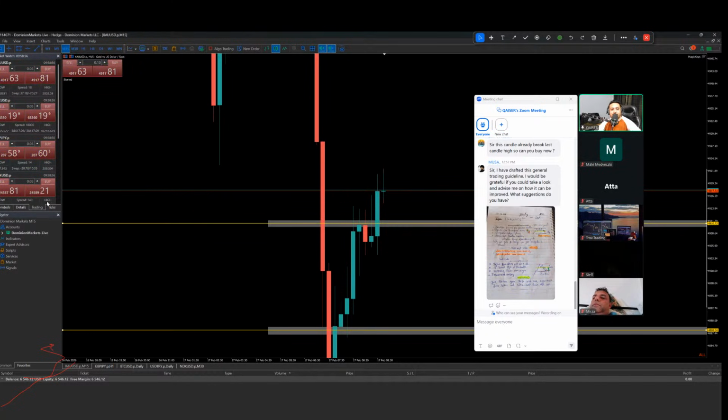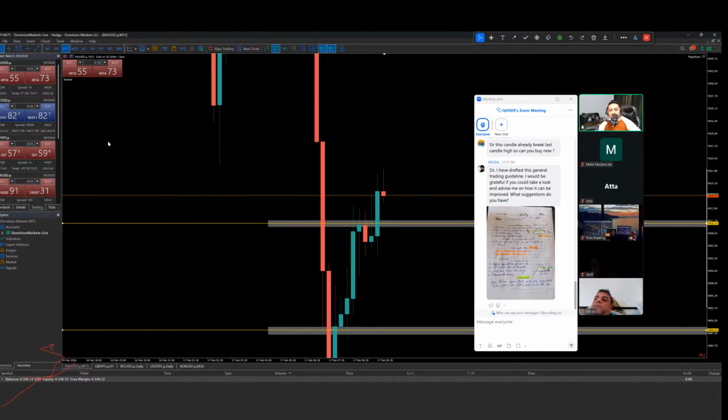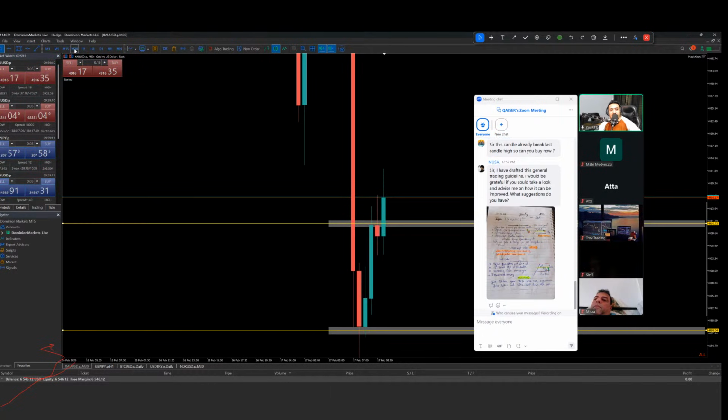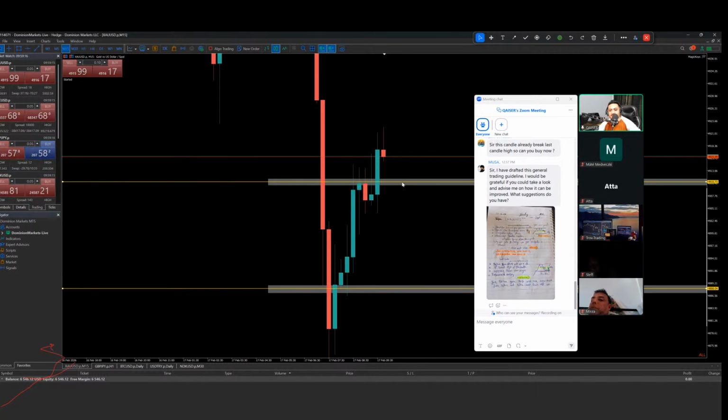Wow. Just 1 minute left for this 30-minute candle to close, and look at the rejection right now. Something is cooking behind the scenes. I just need to readjust the zones here.